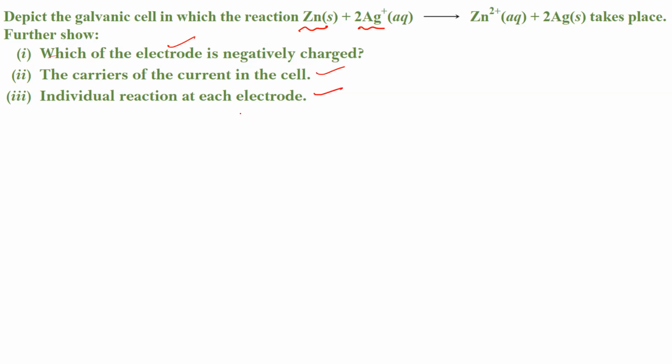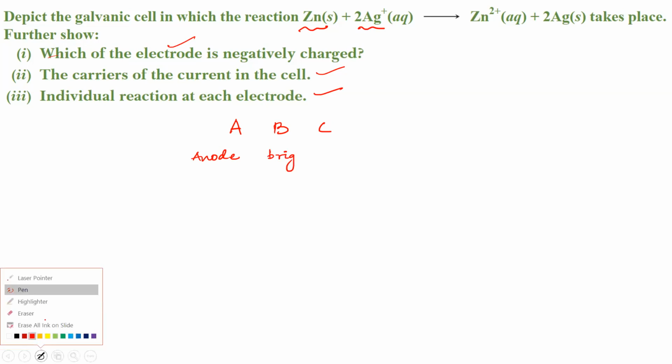So for galvanic cell depiction, you have this A, B, and C. You have to represent this A, B, and C. What is A here? A is the anode. And B is the bridge.